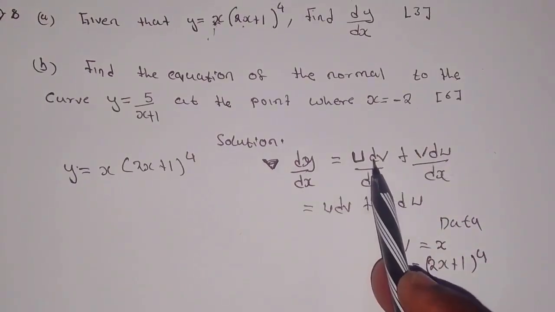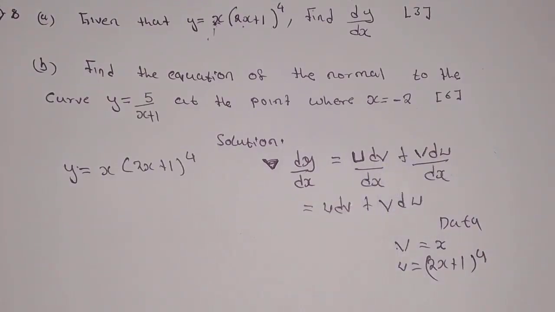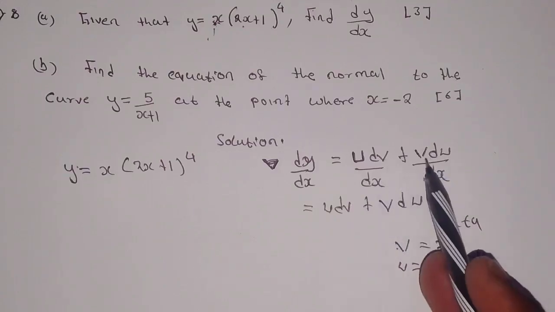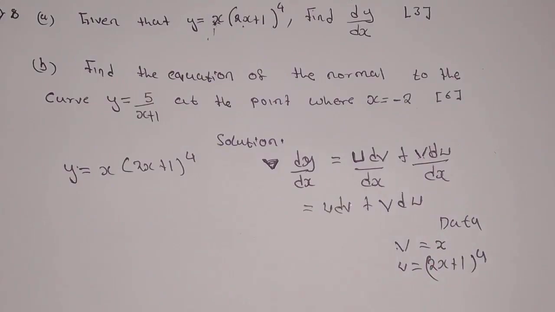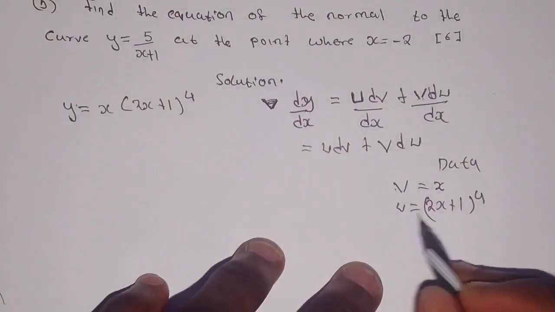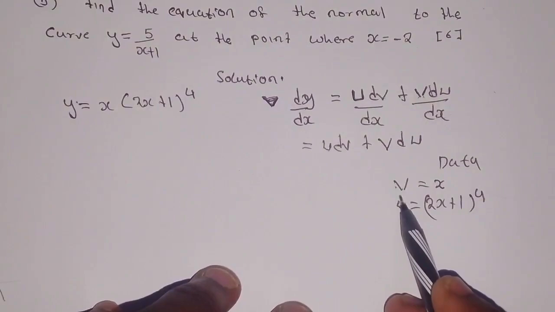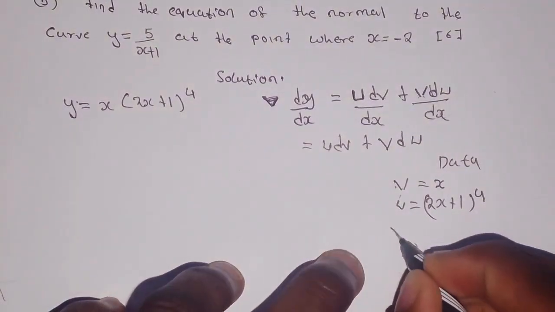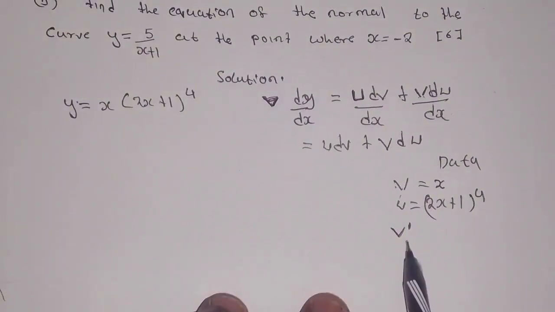Here, where it says dv, it means that you multiply u by the differentiation of v. And here you multiply v by the differentiation of u. So let's differentiate our v. You can write dv/dx as this.